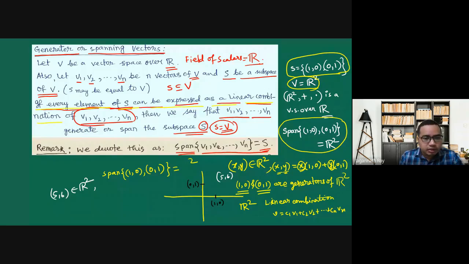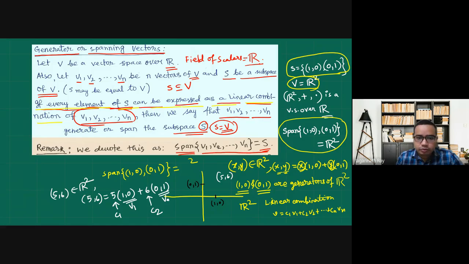Then (5, 6) can be written as 5 times (1, 0), the vector V1, and 6 times (0, 1). So here C1 is 5, C2 is 6, and this is V1, V2. So only two vectors are needed.